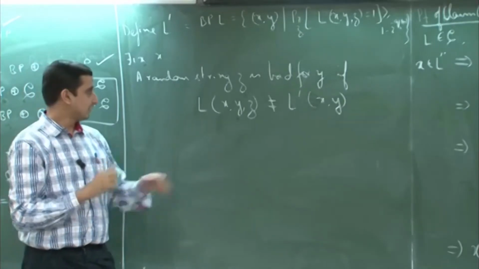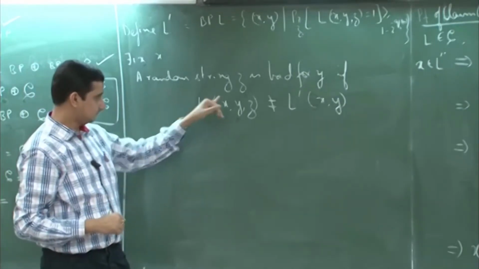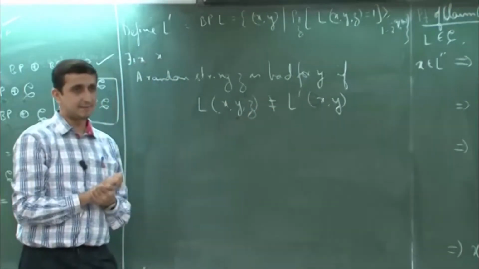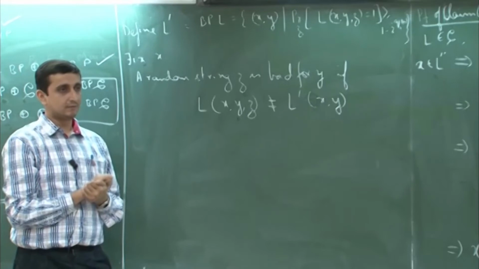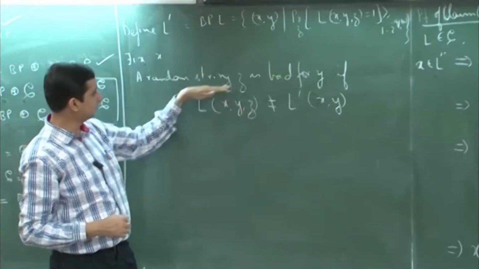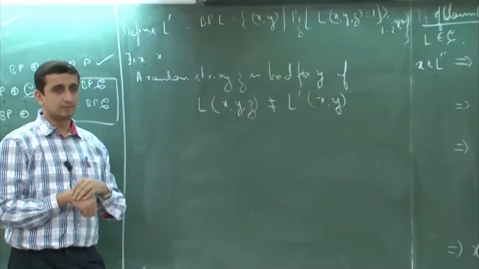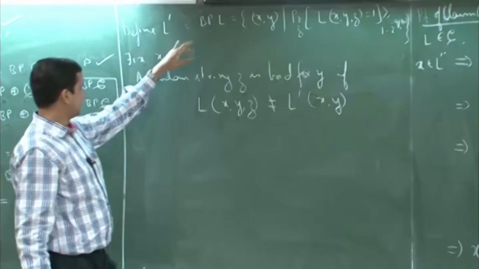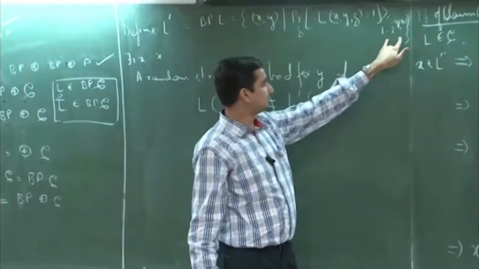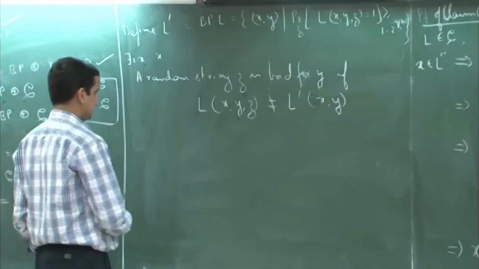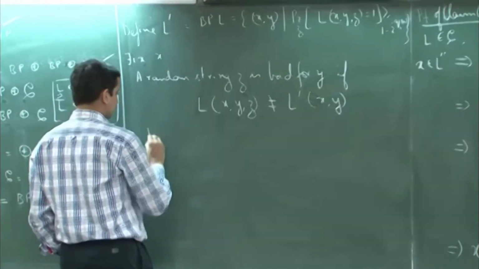If for some random string they give different values, I call that random string a bad random string. What we know from our definition is that most random strings are good. For most random strings, it does give me the correct value. It follows from the definition that a huge fraction is good, but there can be some bad strings as well.